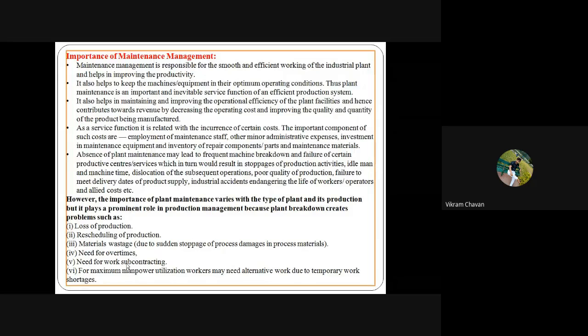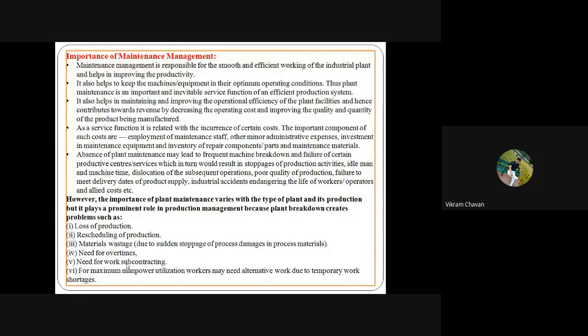Third, material wastage. Fourth, need for overtime. Fifth, need for work subcontracting.